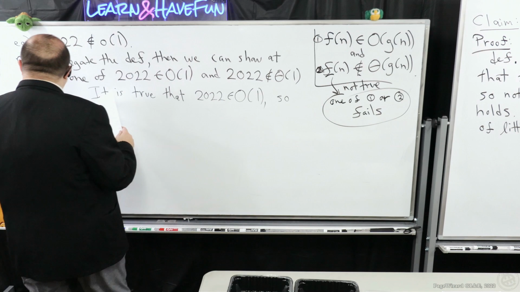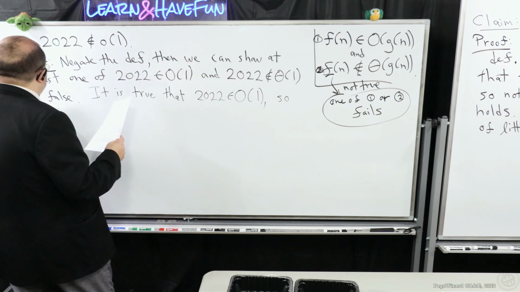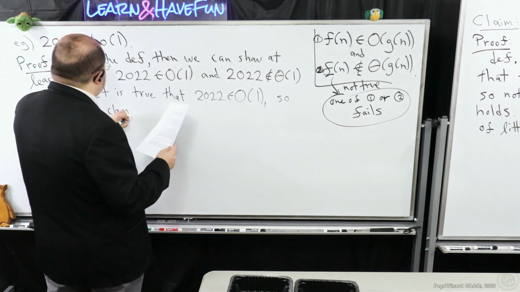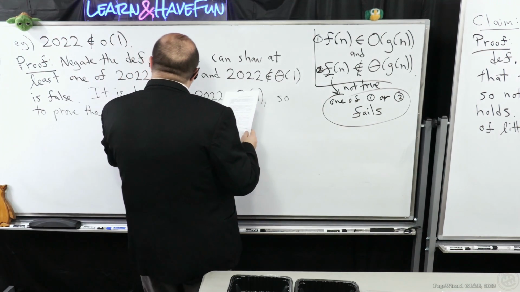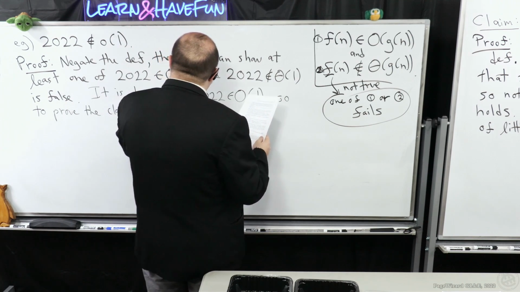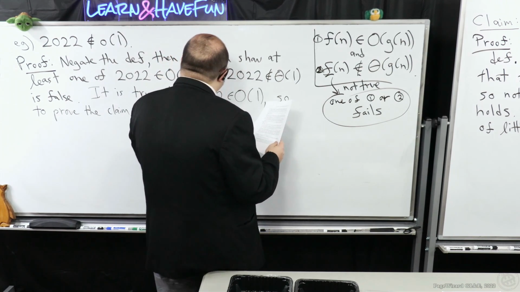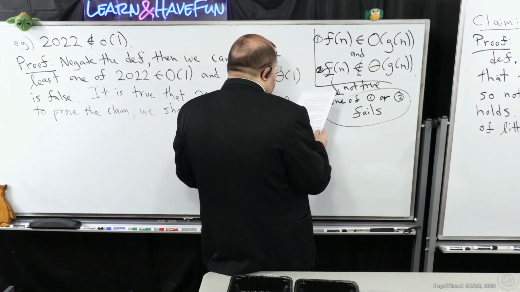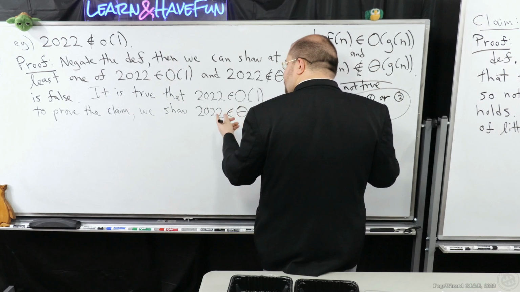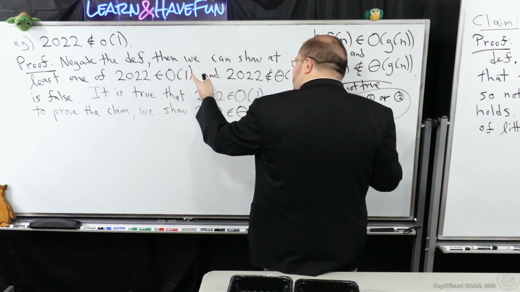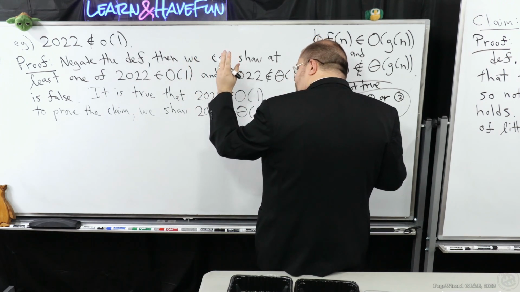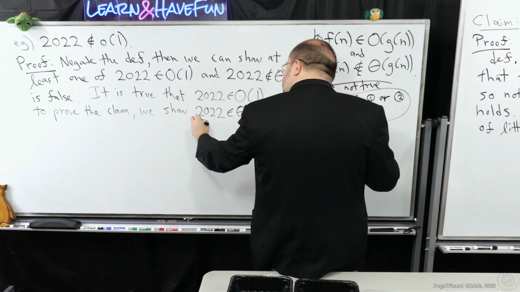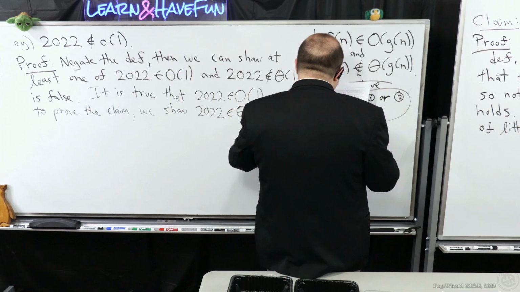So to prove the claim, we show that 2022 is big theta of 1. But what part is missing? I already know that's true, right? And keep in mind, if you're not convinced by this, and if you want to exhaust out this proof, I encourage you to do that. Do this part of the proof.